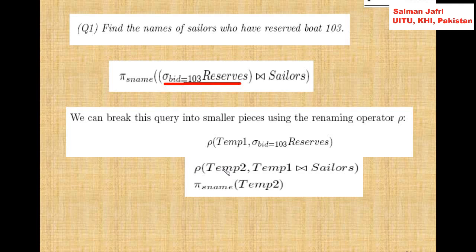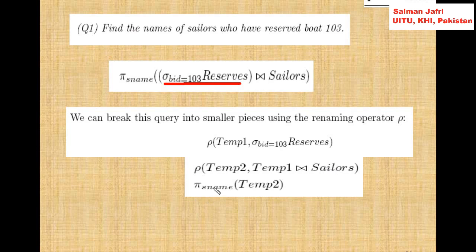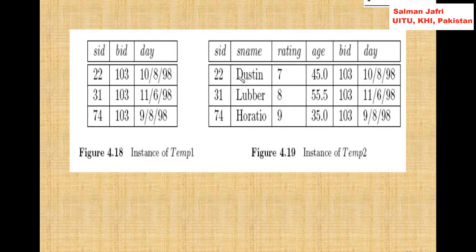So whatever we do over here is basically temp 2. Afterwards, when we have this temp 2, we project the sailor name from temp 2. So the sailor names are Dustin, Lubber, and Horatio. So this is the answer. Final answer will be Dustin, Lubber, and Horatio.